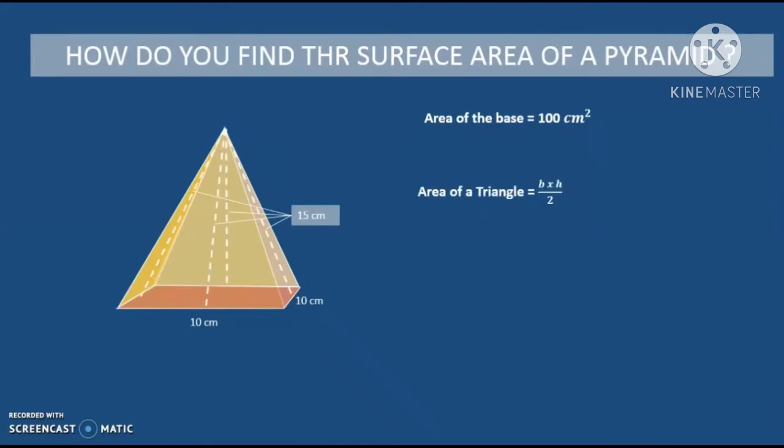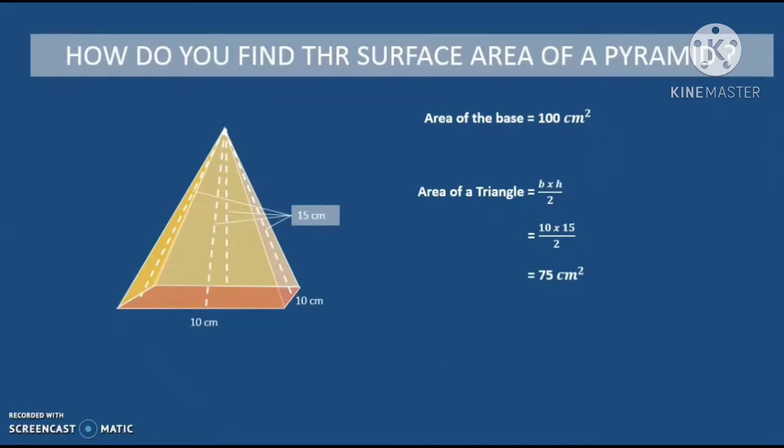We have all the info to fill in the formula by doing 10 cm times 15 cm divided by 2, which equals 75 cm squared.